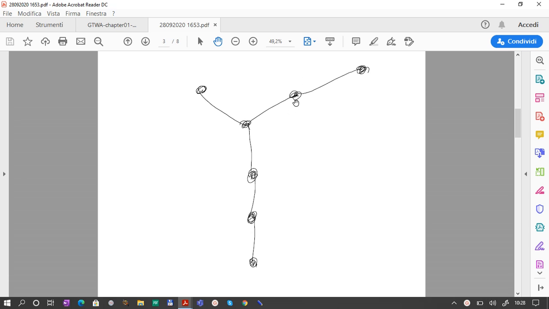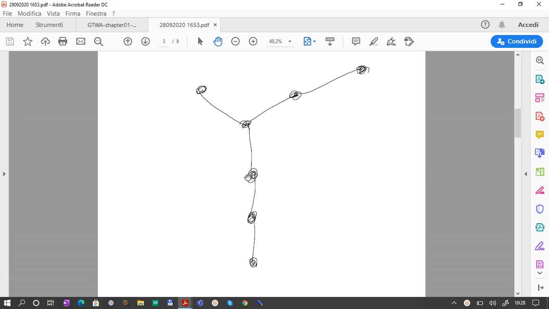Because it is adjacent to a vertex of degree 1, and this is adjacent to a vertex of degree 1. But this is adjacent to a vertex of degree 2, and this is adjacent to a vertex of degree 3. So this cannot be transformed to this.